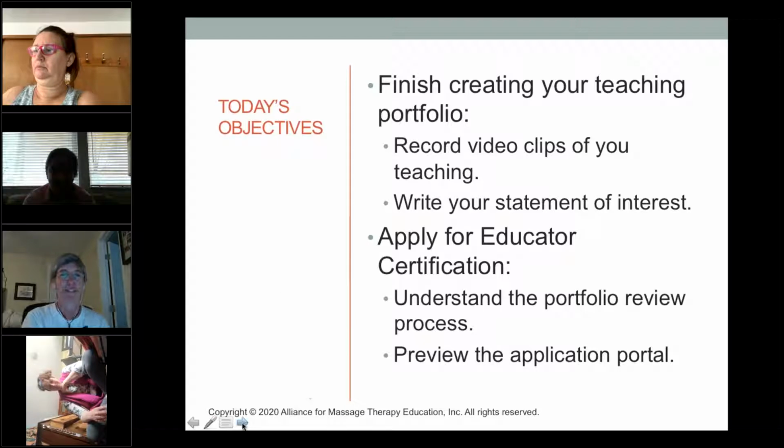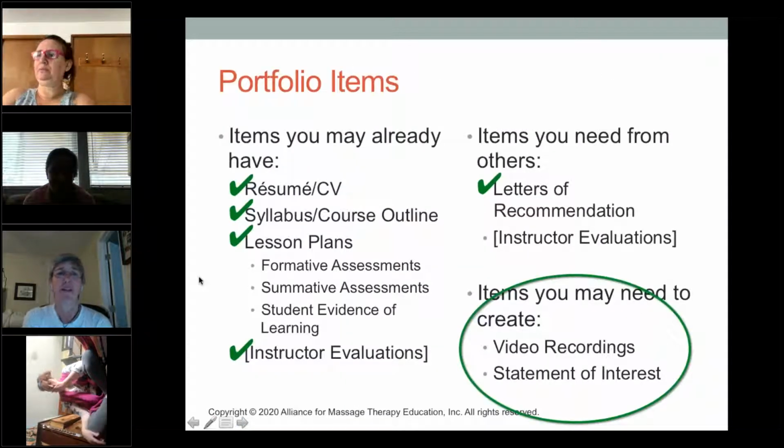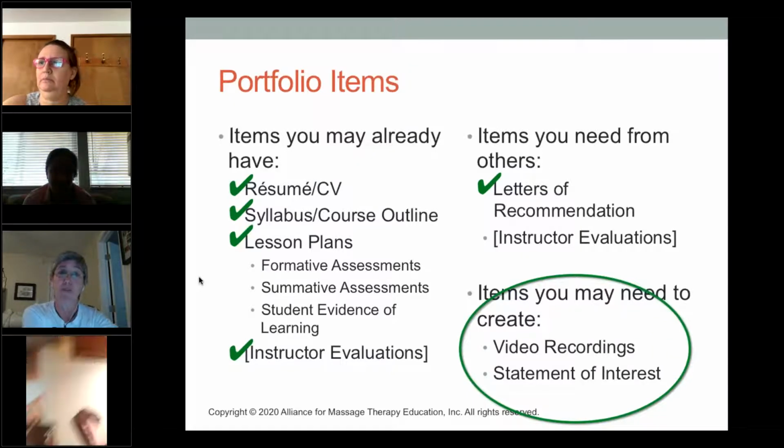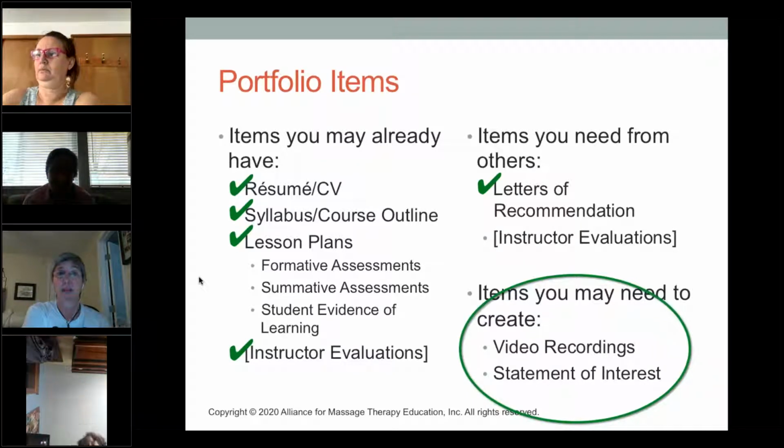Okay. So last time we talked about having items that you probably already have some version of, but you might need to beef them up a little bit to more explain how these types of documents help you meet the core competencies or demonstrate that you meet them. And so we talked about your resume, some people call it CV.